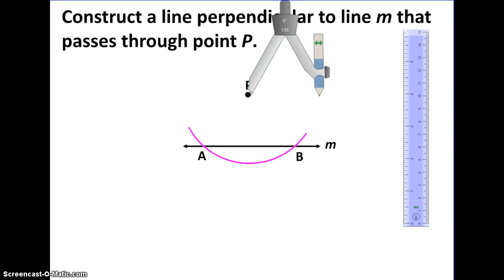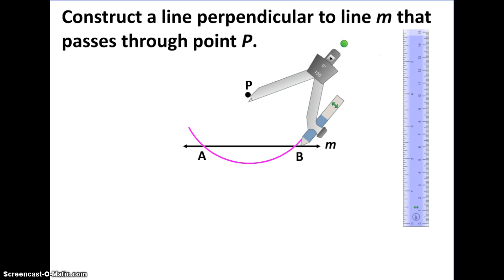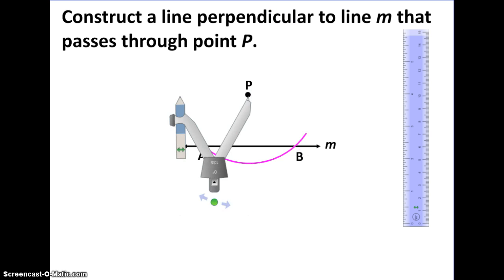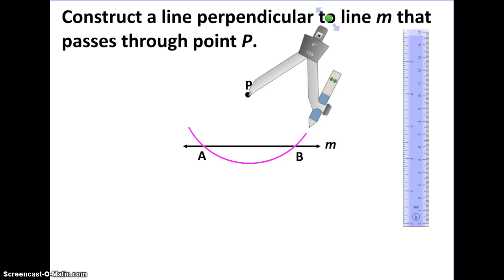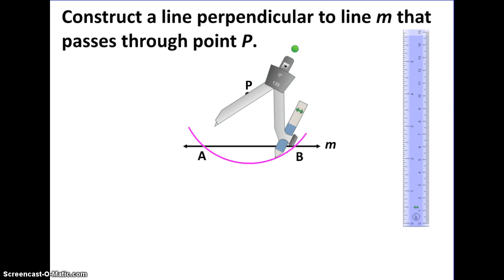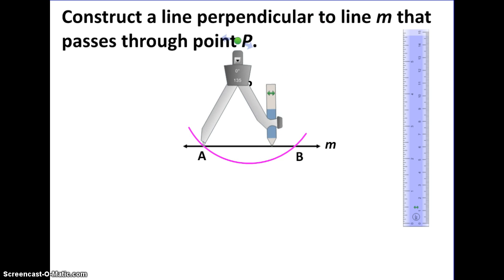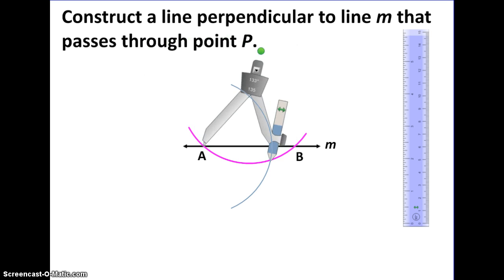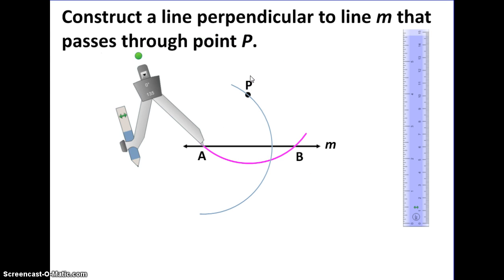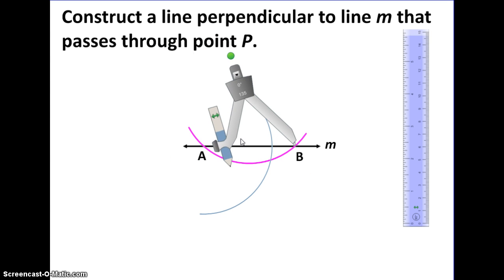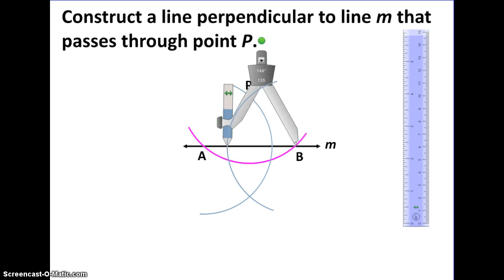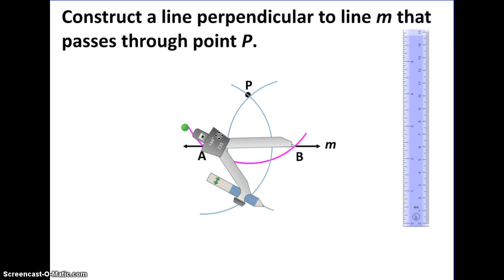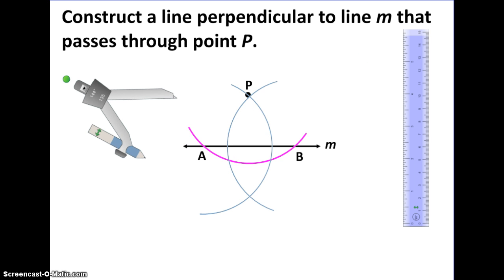Now, the first thing that I did here was put my compass point on point P, and then I drew this arc here. And notice that it crossed line M in two places, A and B. Now that I have these 2 points, all I have to do is put my compass point on A, draw an arc that's more than halfway, and then switch and do the same thing from point B. Alright, so I move my compass away and draw my line.